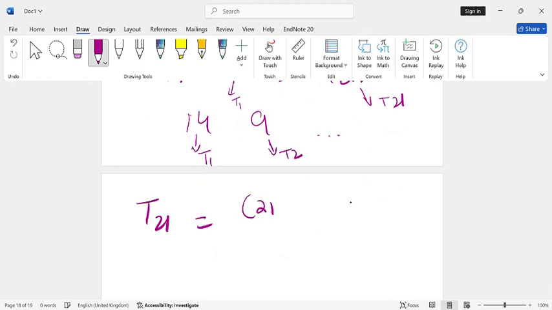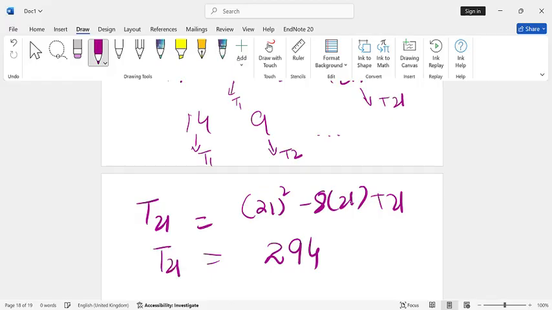So we substitute n as 21: 21 squared minus 8 into 21 plus 21. So after simplifying the equation, we get the answer is 294, sorry, for the 21st term, okay? So this is our answer.